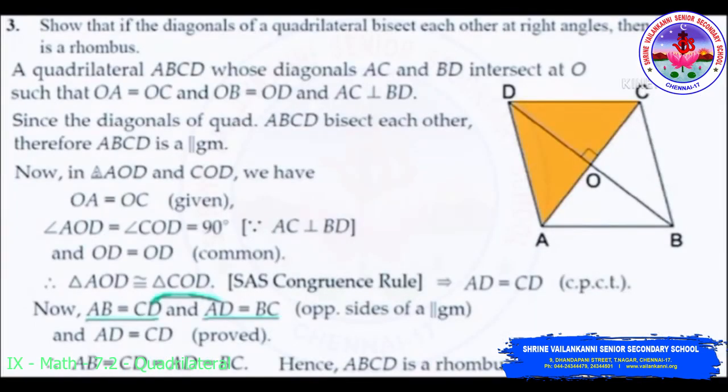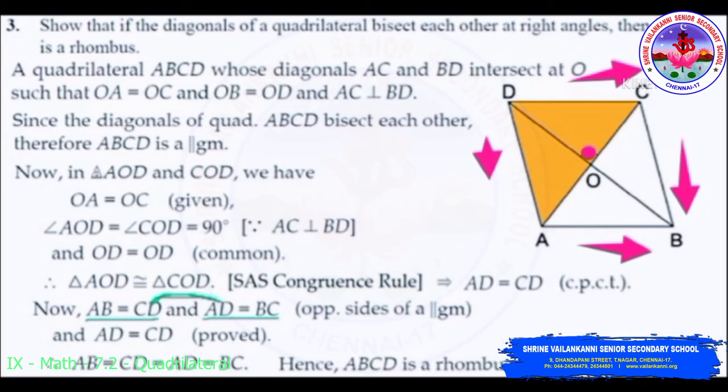Third problem: show that if the diagonals of a quadrilateral bisect each other at right angles, then it is a rhombus. Given a quadrilateral ABCD and the diagonals of the quadrilateral bisect each other at 90 degrees, we need to prove that quadrilateral ABCD becomes a rhombus.